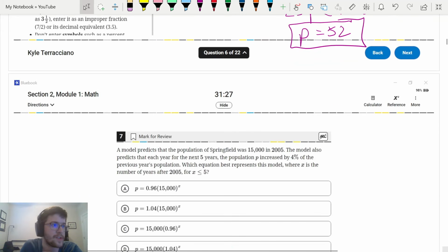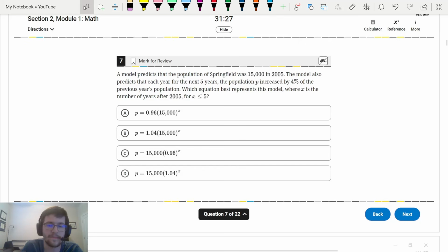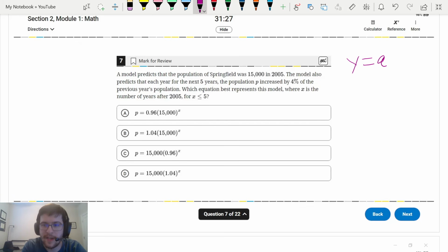All right, let's move on to 7. Okay. So for this one, you see all these equations basically look like a times b to the x. So remember, a times b to the x.